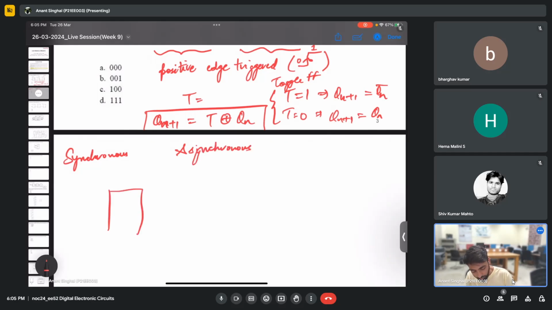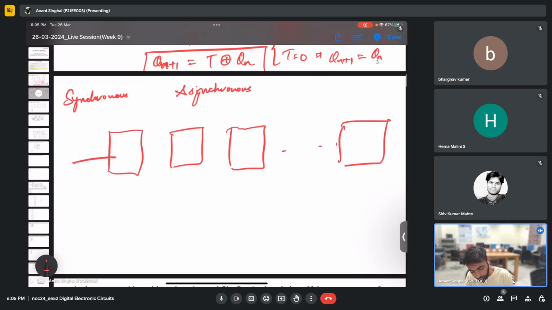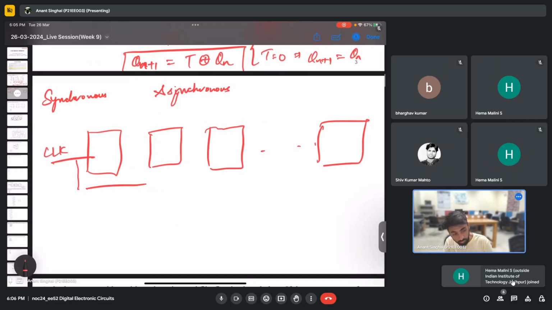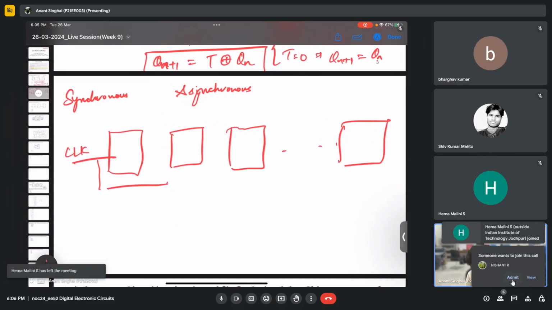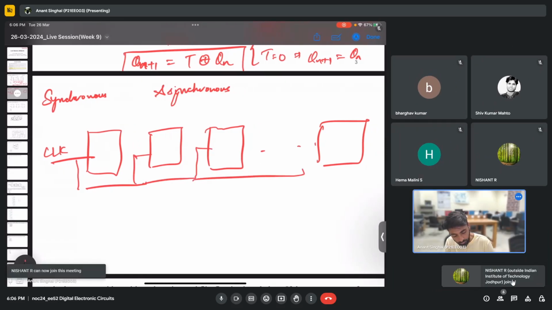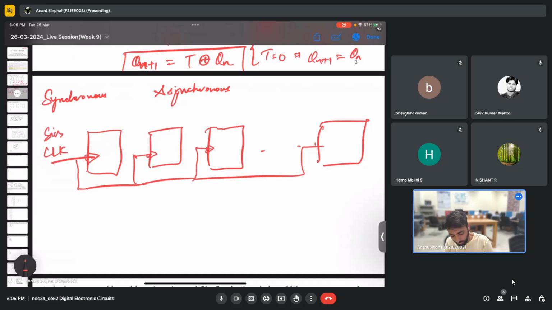In synchronous, we have n flip flops, and all of them have a single clock. It can be negative or positive edge triggered. So these are the synchronous circuits in which we have a single clock.